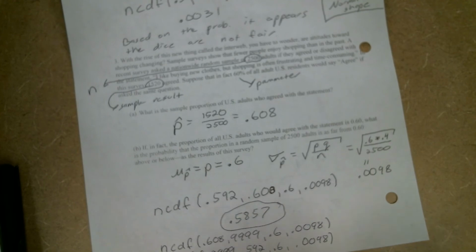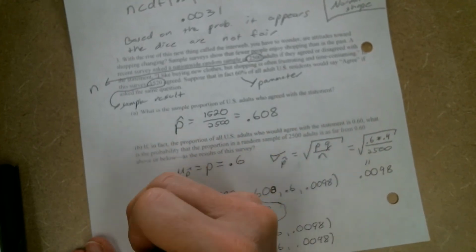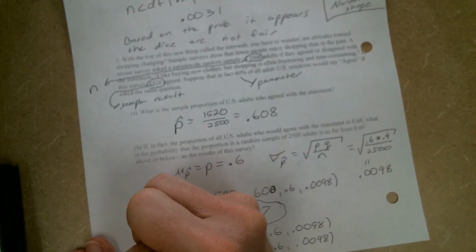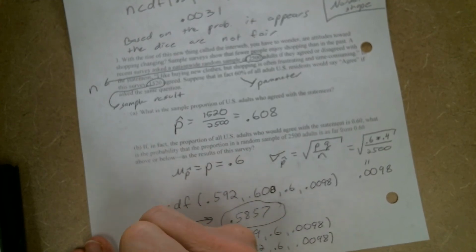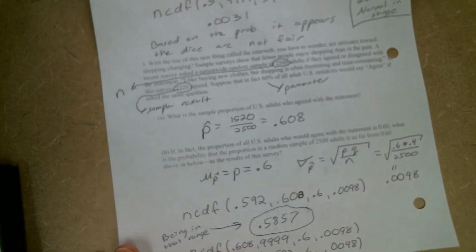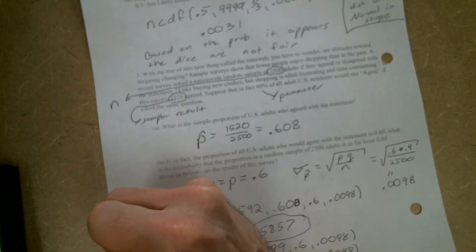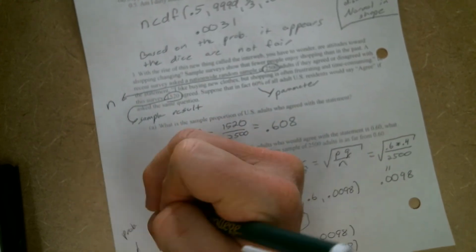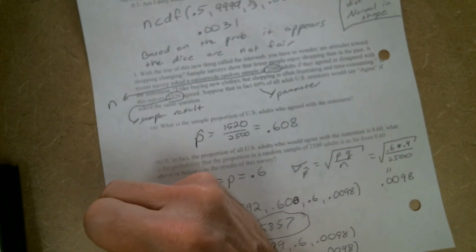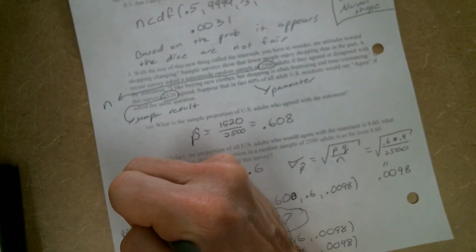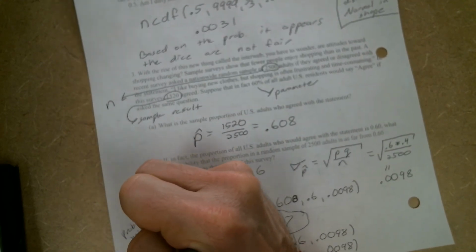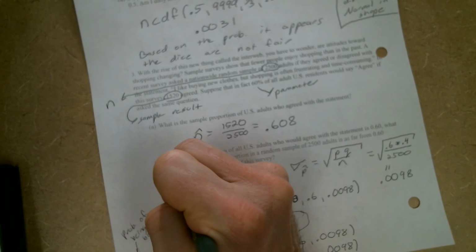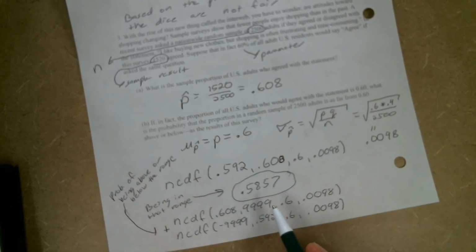All right, so this is the probability of being in that range. And if you added these two together, this is the probability of being above or below the range.